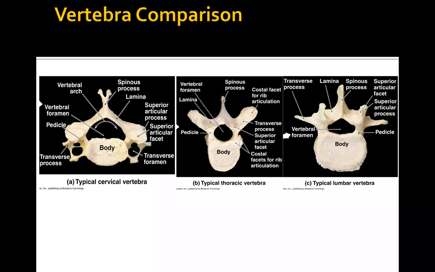First of all, let's use the body, or what other books will call centrum. So the centrum or the body. The cervical vertebra body appears this way. That of the thorax appears that way. That of the lumbar appears this way.